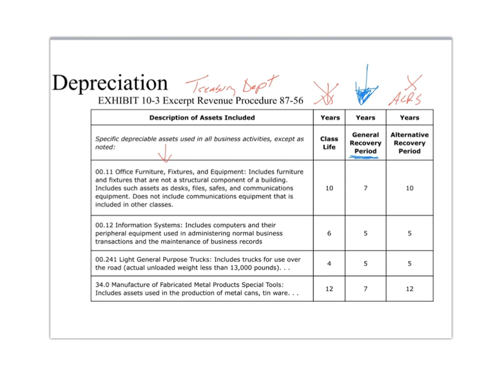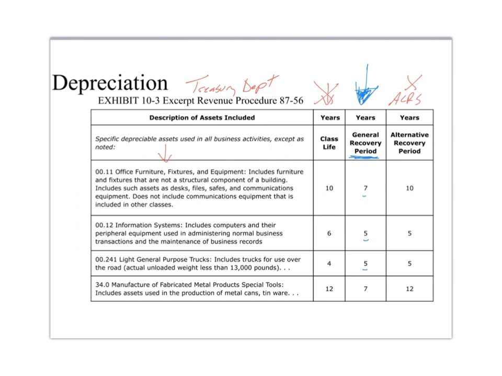So you see office furniture, fixtures, equipment. These things have a 7-year recovery period. Computers, peripheral equipment. Peripheral equipment means things like printers, fax machines, those types of things have a 5-year life. General light purpose trucks, okay? And there's a weight limit. Heavy trucks, 18-wheelers, those things have different recovery periods. That's a 5-year recovery period for those.